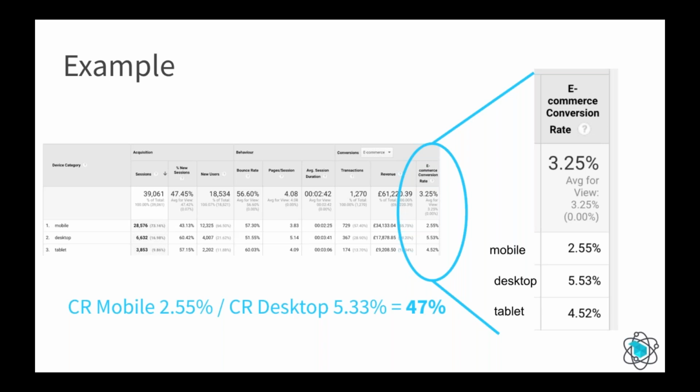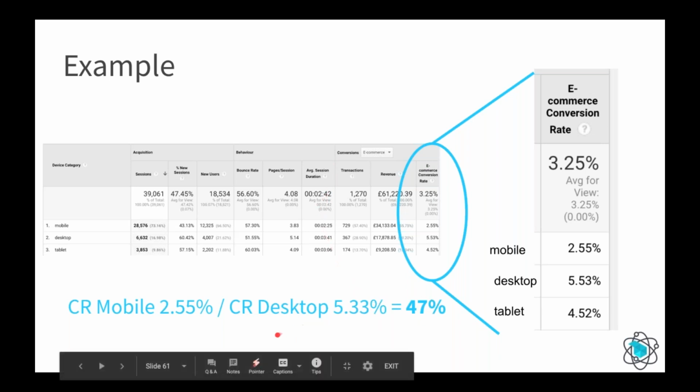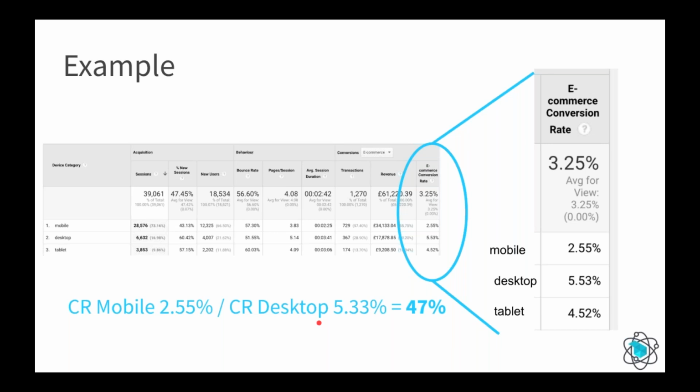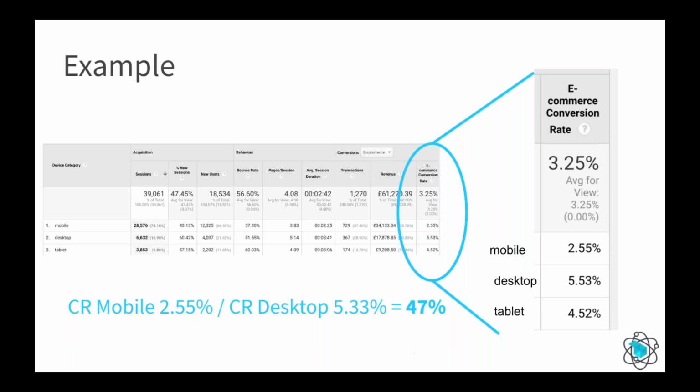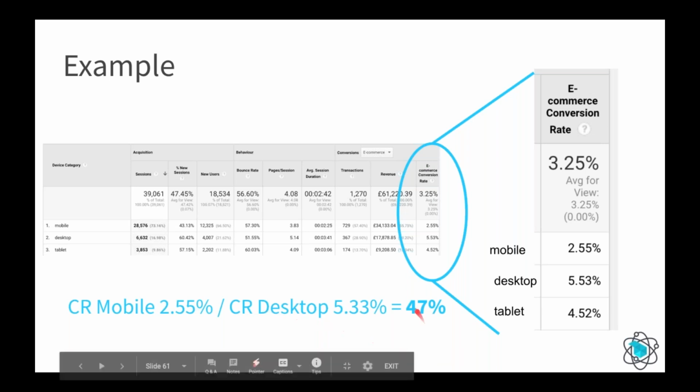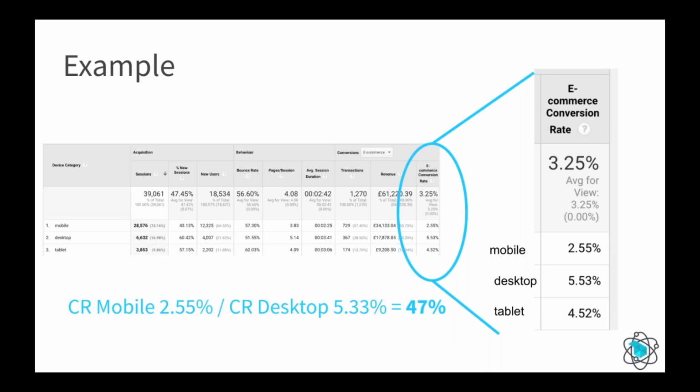So what we could do about that, we can set desktop as 100%. We will define our bid at keyword level, placement level, using the formula before, but then we will adjust with a negative bid adjustment on mobile. So on mobile, we will bid less by adjusting by minus 53%, which is 1 minus the difference, the delta in conversion rate, so that we are assigning a negative weight to the value of our users that are coming from mobile.